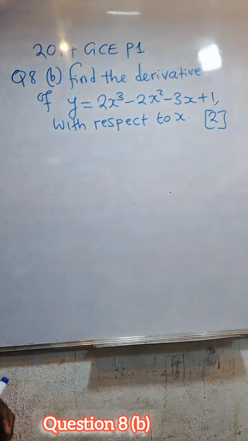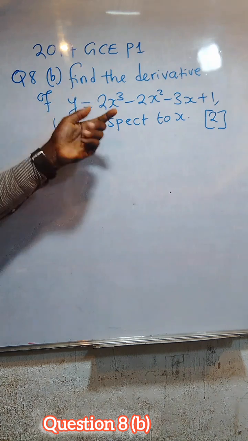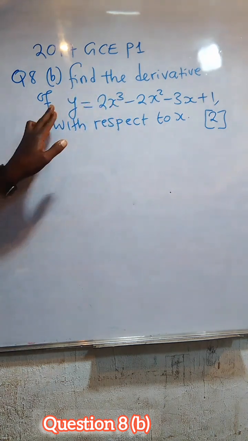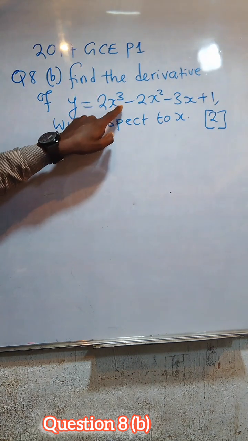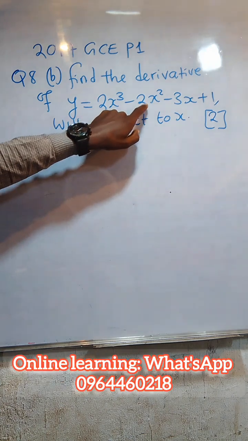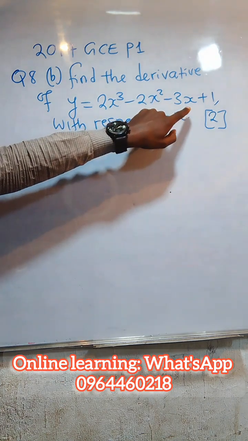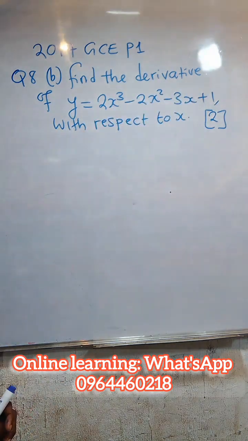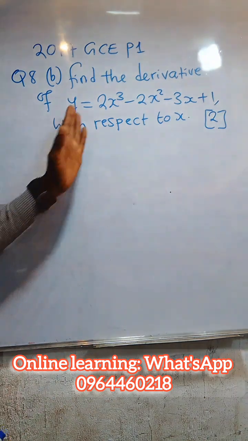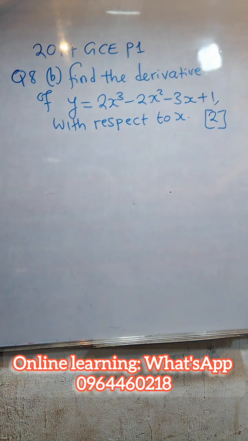The question says, find the derivative of y equals 2x to the power 3 minus 2x to the power 2 minus 3x plus 1 with respect to x, because that is what is changing.